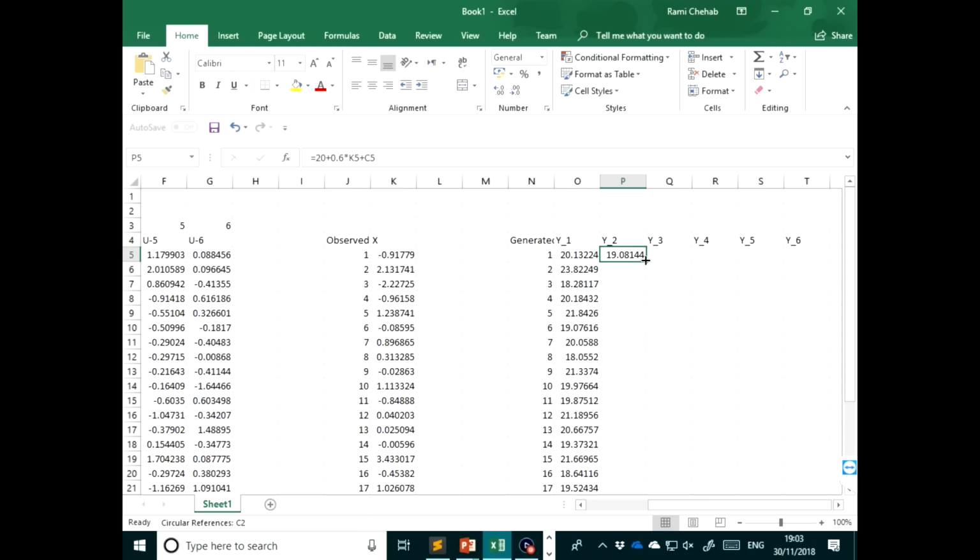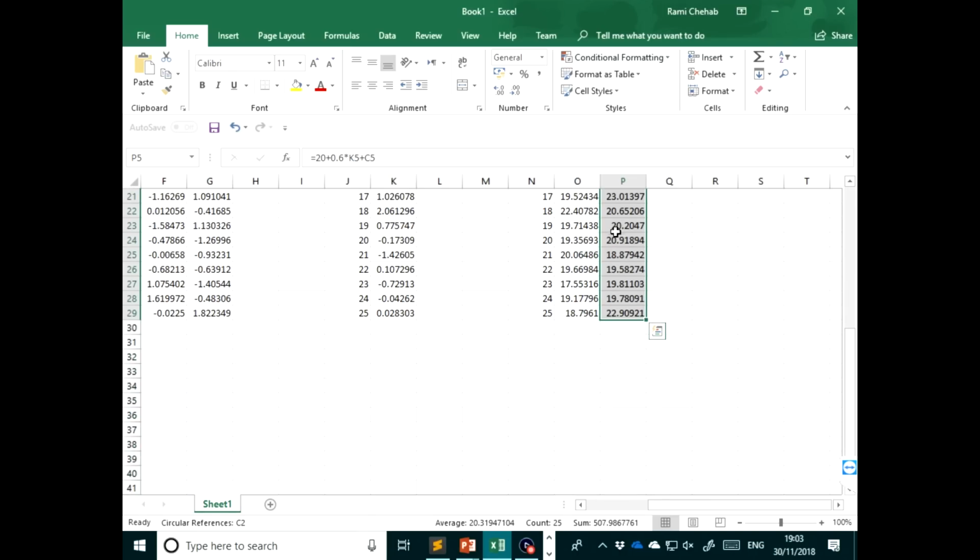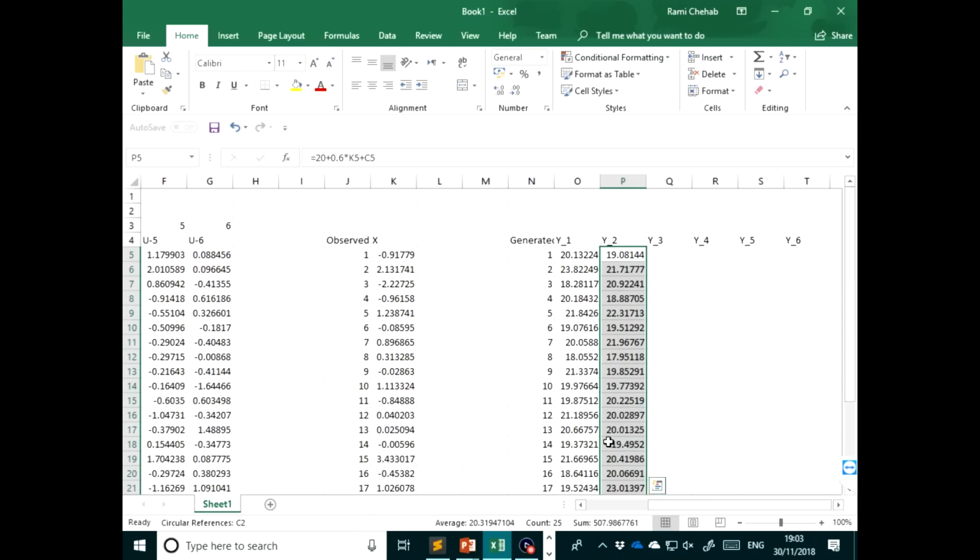And if we do the same thing for all of them, then this is your second observed dependent series. Okay, these are artificial samples that have been generated based on a fixed series of x, and you have these as your experiments. So these are the results of your first simulated experiment, experiment number 1.